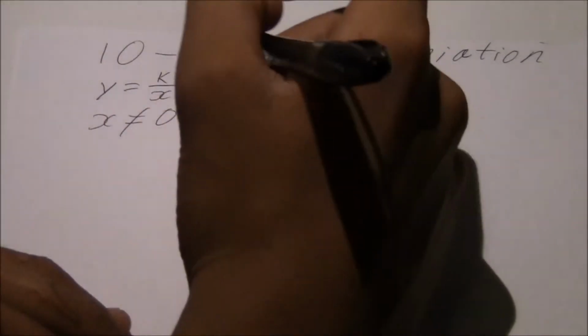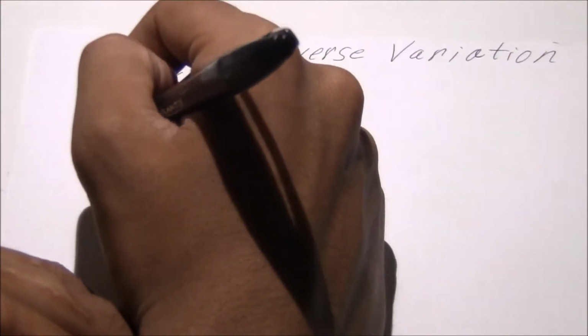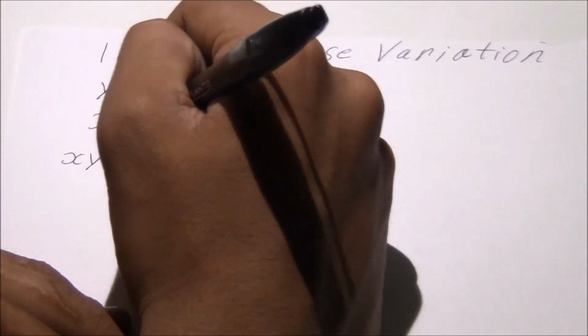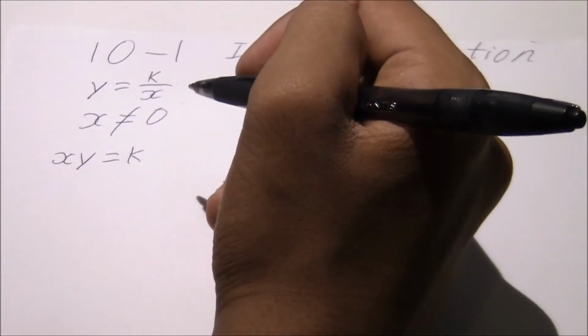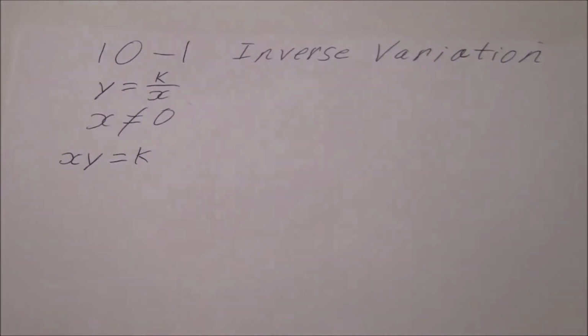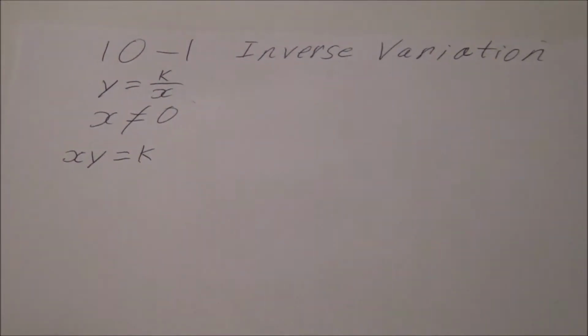By multiplying each side of this equation by x, you can get x times y is equal to k. So for any inverse variation, the product of x and y is a non-zero constant, because x can't equal 0.